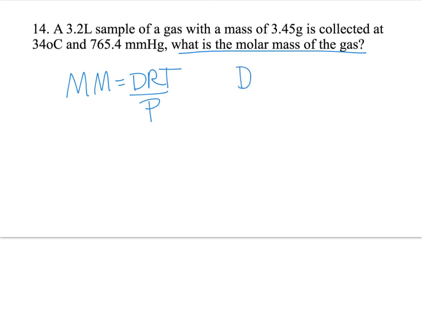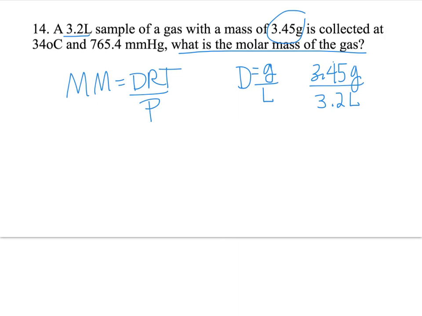Remember we said density is mass over volume, in this case grams per liter. So I'm going to take the 3.45 grams and divide it by the volume of 3.2 liters. That is going to give me a density, and then I'm going to plug that into this equation right here. So I want you to do that right now.